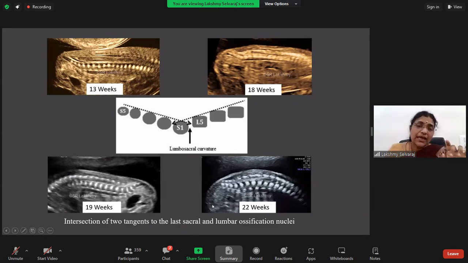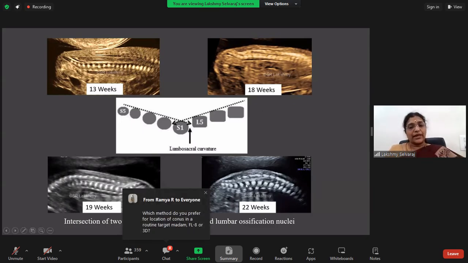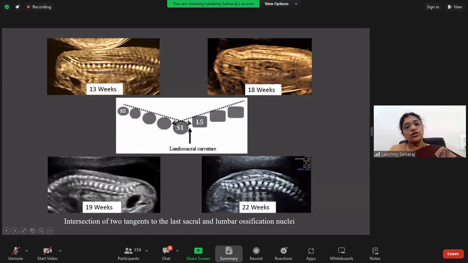So when we are speaking about sacral agenesis or partial sacral agenesis, it is not whether S4, S5, S3 has ossified. It is whether the upward tilt of the sacrum is evident or not. The first clue is obtained from an abnormal lumbosacral curvature. For example, if you have a section like this and these elements are missing, that means the ossification of the sacral bodies is missing.